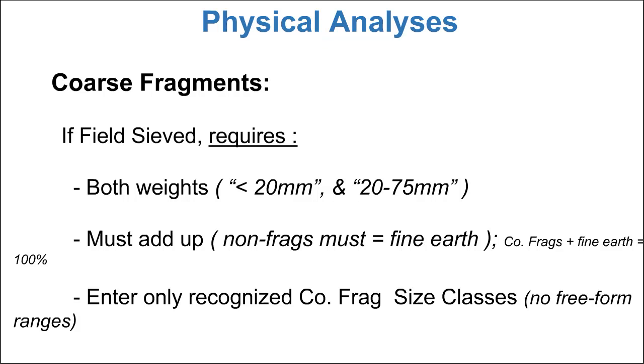So there's little that I can do with classes that are a la carte, if you will, on their bounds that are not standard classes. What I actually do with those is add them all up and throw them into a class that's greater than 2. That will handle the dilution effect in calculations. It just doesn't tell you much about the coarse fragment size distribution.